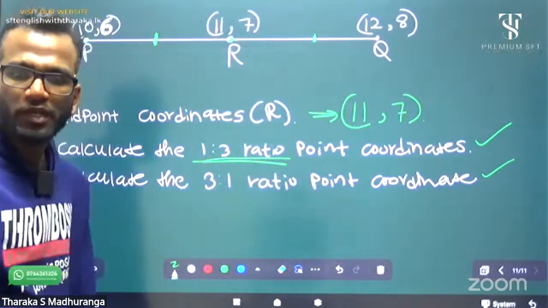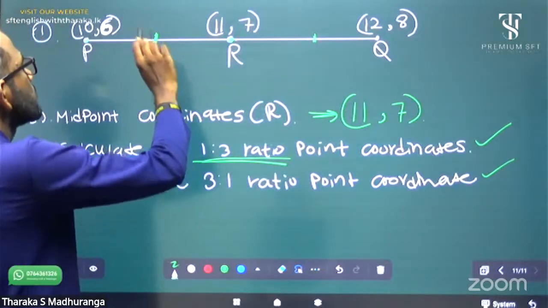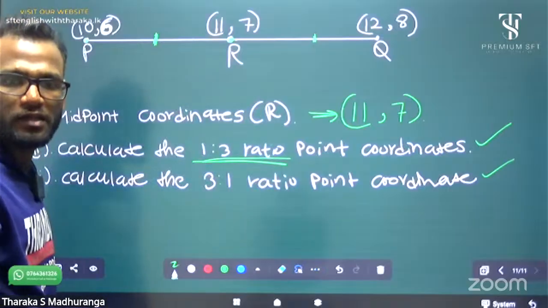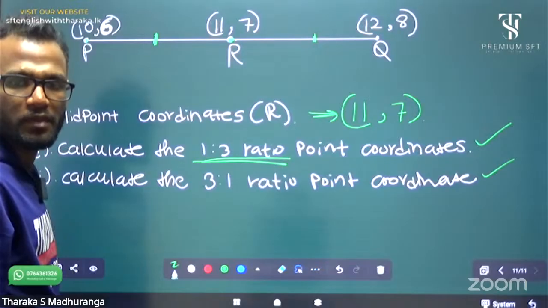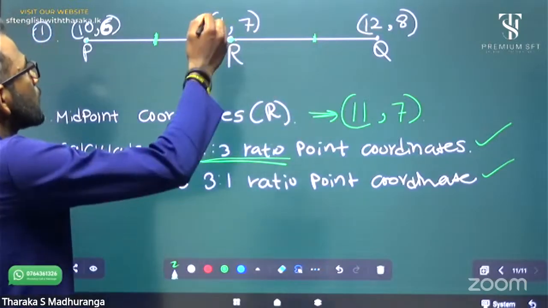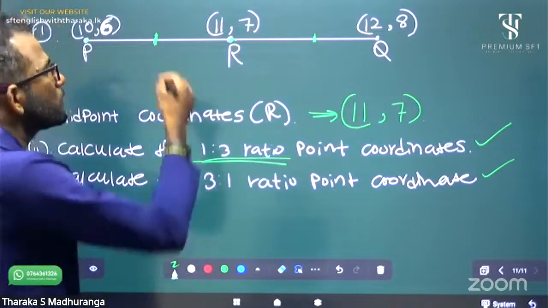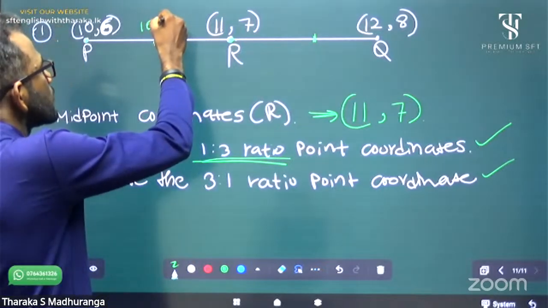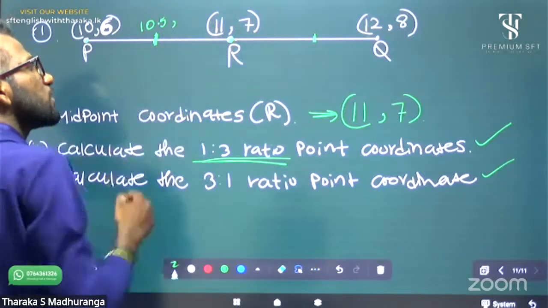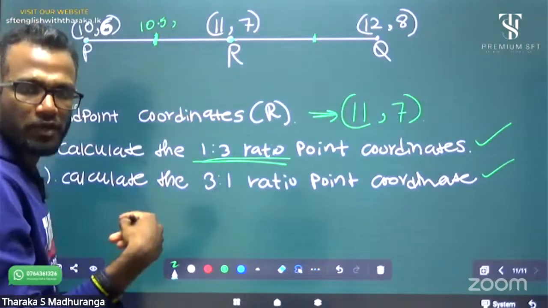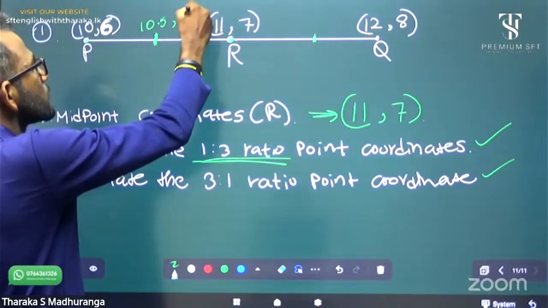How to get the 1 to 3 ratio point? It is the midpoint between P and R. It's easy. 10 plus 11, it is 21. 21 divided by 2, 10.5. Comma, 6 plus 7, it is 13. 13 divided by 2, it is 6.5.